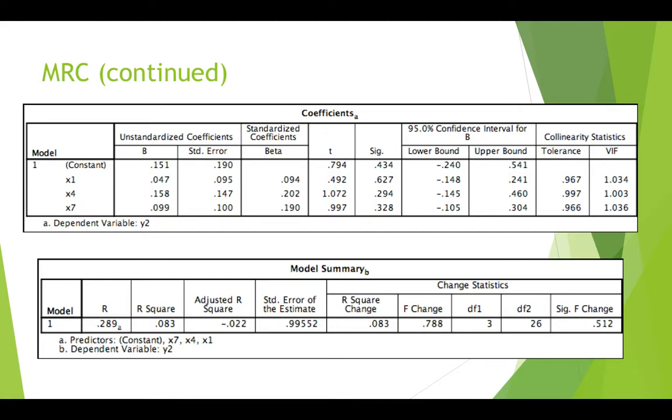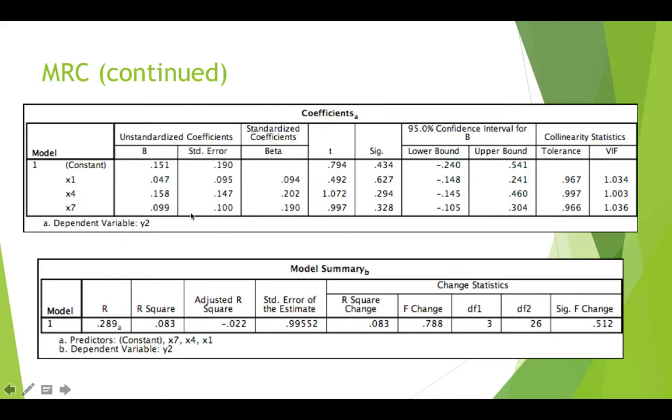So the MRC continued. Here you can see in this one, I first ran my MRC only using these predictors, and I didn't take into account the interactions. With these predictors, you can see that my betas, my standard errors, my t-values, and my significance values, really, it's not looking too good for the home team.